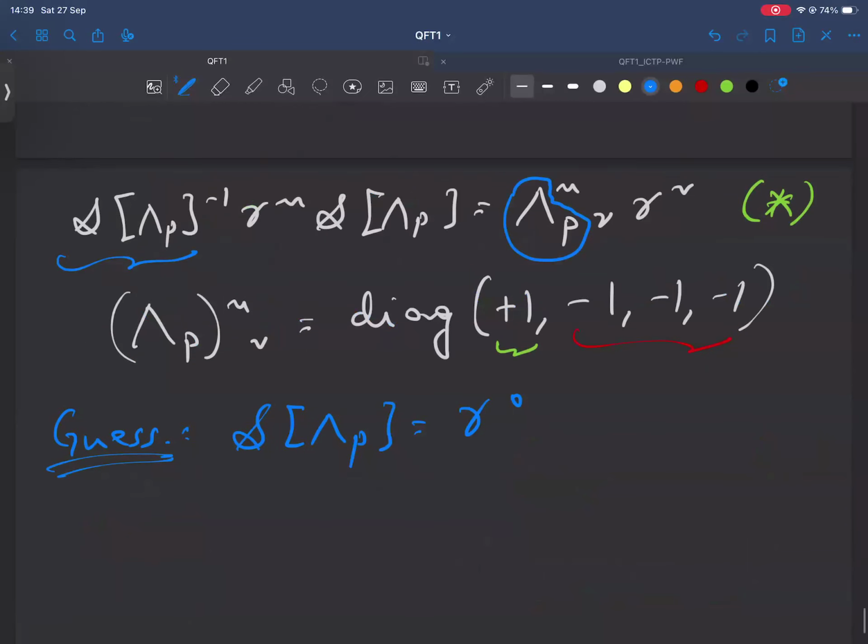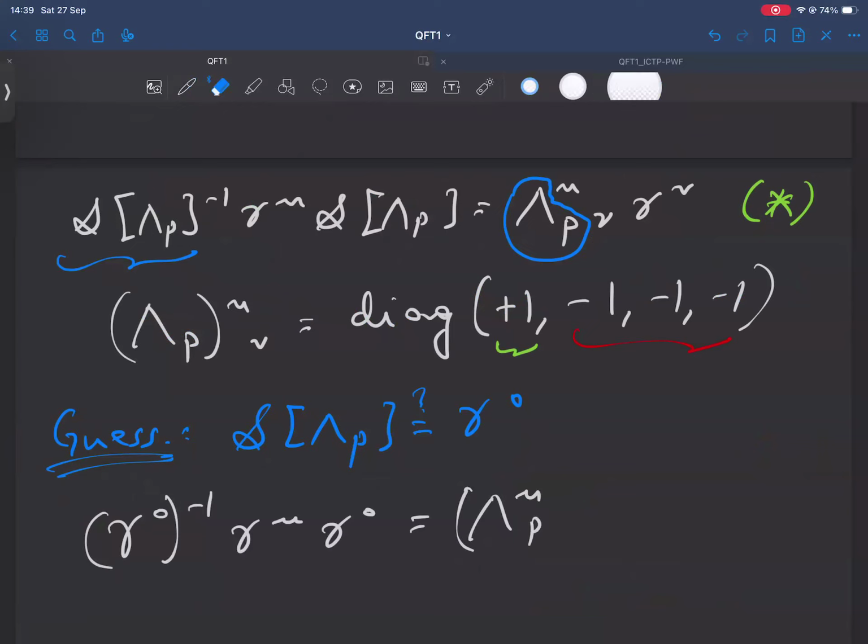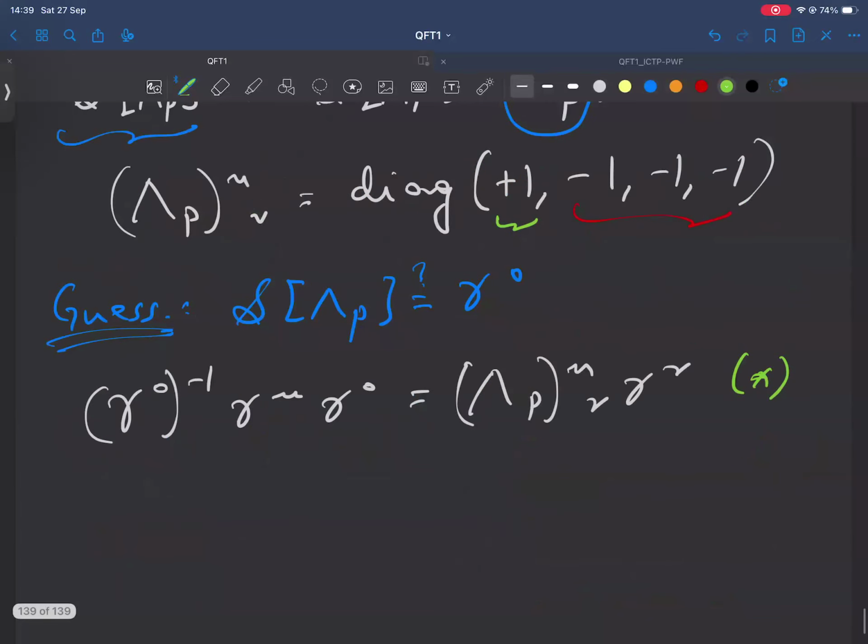Yes. So as I was saying, you take S lambda P as gamma 0. This is like a guess; try solving for this equation and see if it holds. From the properties of the Clifford identities, you can show that indeed this works out.